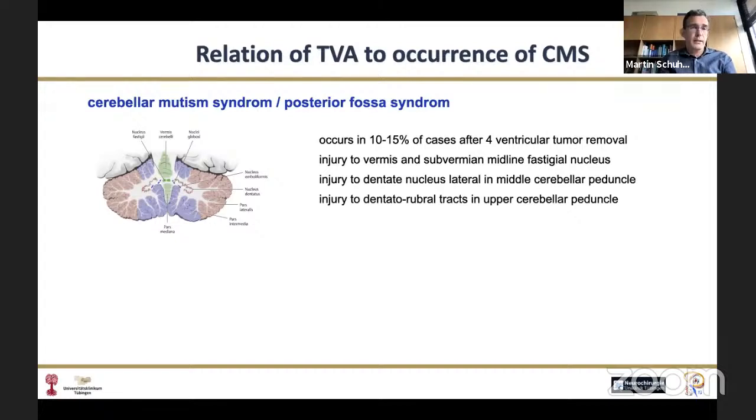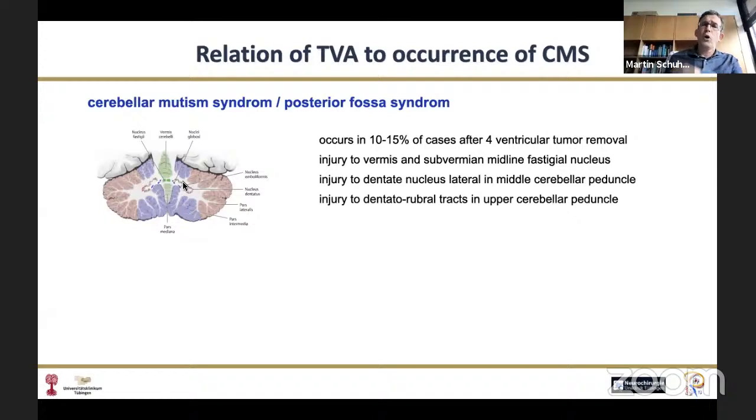We think that injury to the vermis, and especially the subvermian deep cerebellar nuclei, like the fastigial nucleus and the globose nucleus here, and very clearly interference with the dentate nucleus and the dentatorubral tracts in the upper cerebellar peduncle, are most likely associated with mutism, and you get olivary hypertrophy on the contralateral side as a result of this disconnection.